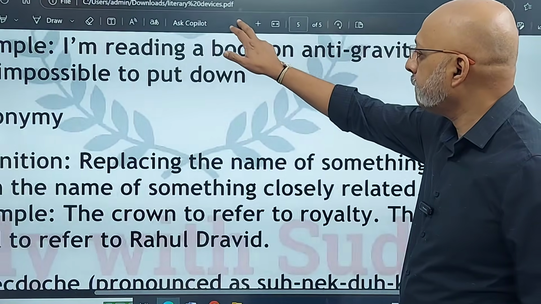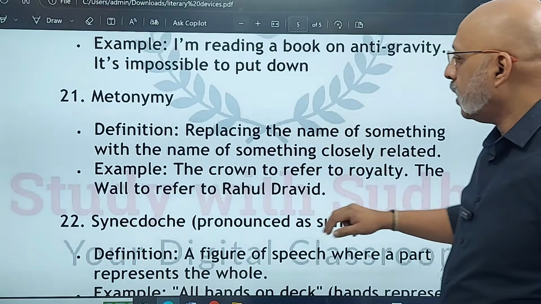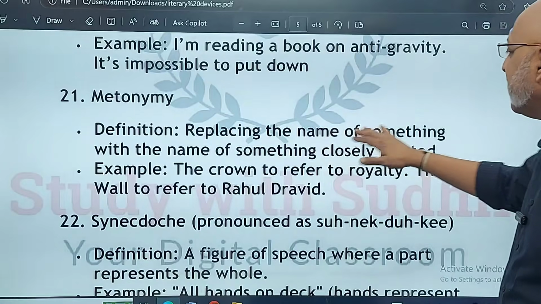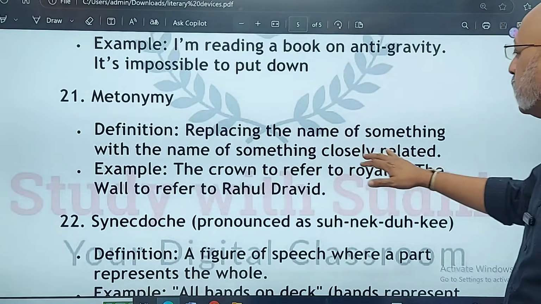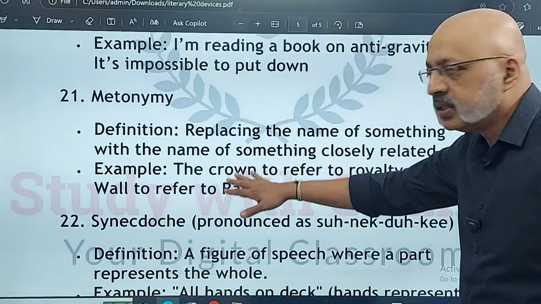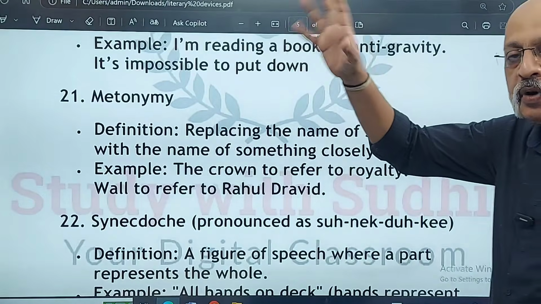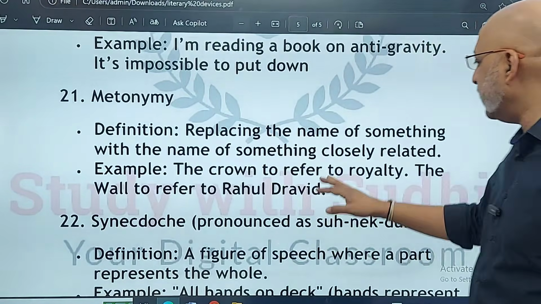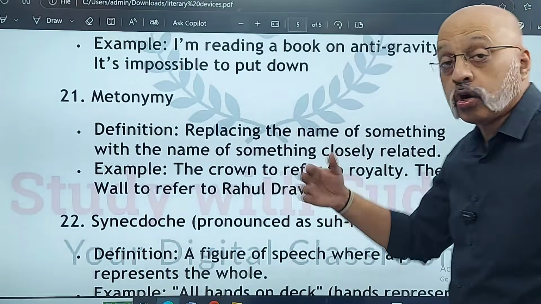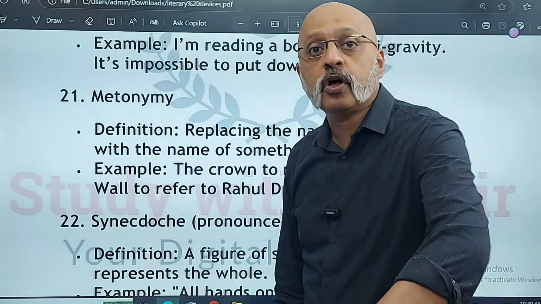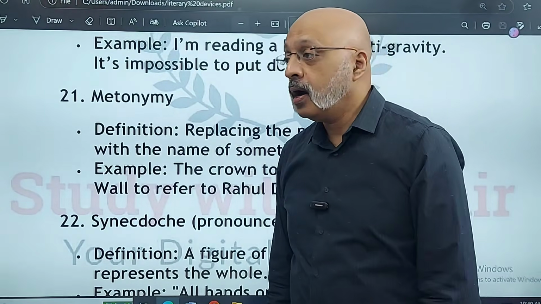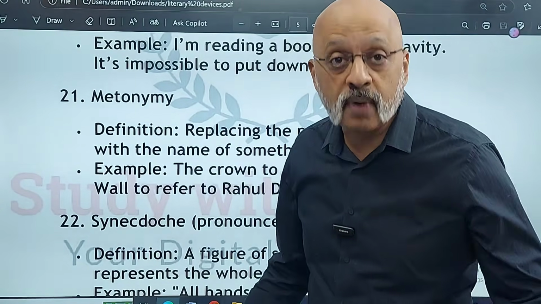Okay. Metonymy. It is replacing the name of something with the name of something closely related. For example, the crown, when you're referring to the British government in the days before independence, to refer to royalty. Or when you're talking about Rahul Dravid, you refer to him as the wall, right? Sachin Tendulkar, we refer to him as Master Blaster.